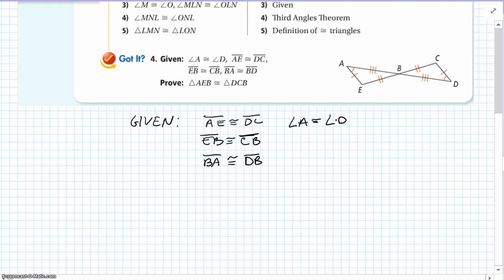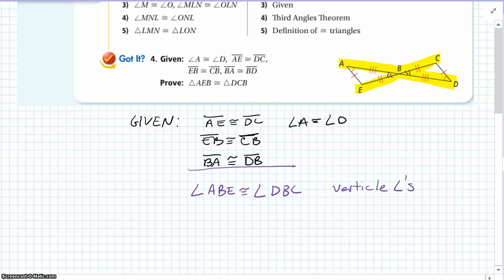All right, that's all given. So we need to prove the 2 other angles. So how can we prove angle ABE congruent to DBC? Well, they're vertical angles, right? So we can prove they're congruent. So we can say angle ABE is congruent to angle DBC because they're vertical angles.